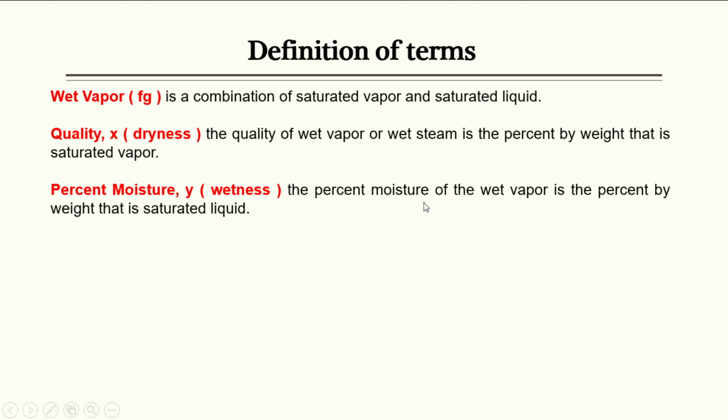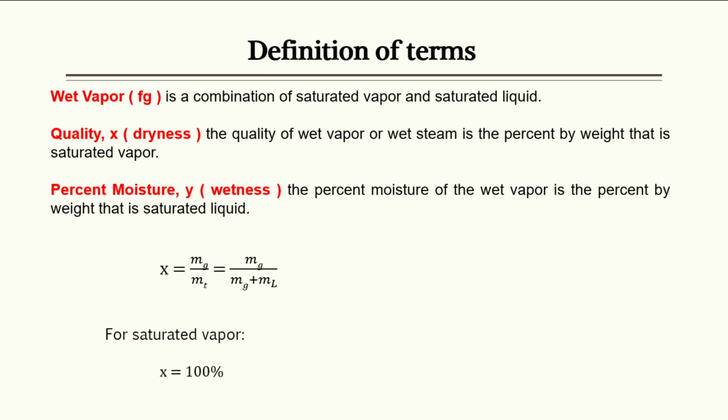The percent moisture of the wet vapor is the percent by weight that is saturated liquid. Okay? So, meron tayong formula of X equals mg over mt. So, mass ng vapor divided by mass total. Ano ba yung mass total natin? Mass of vapor plus mass ng liquid.